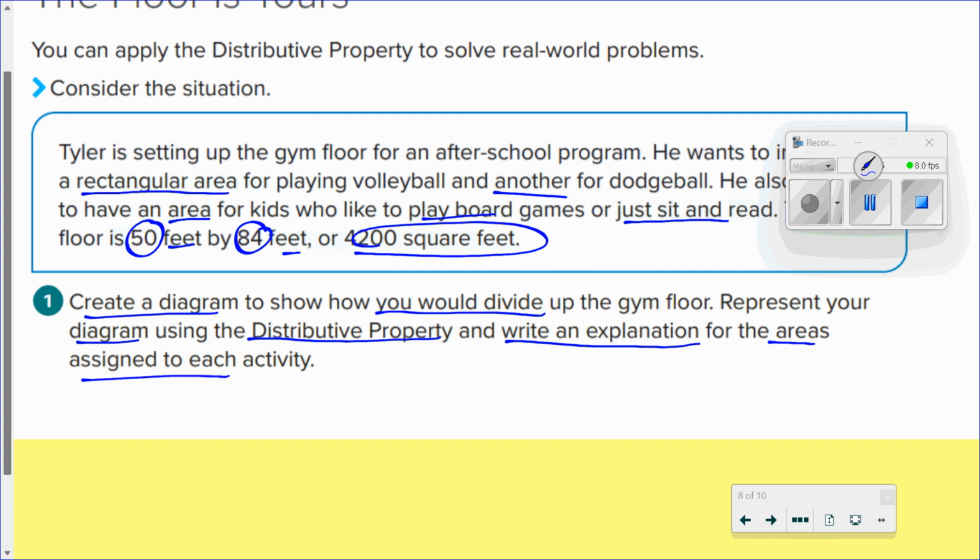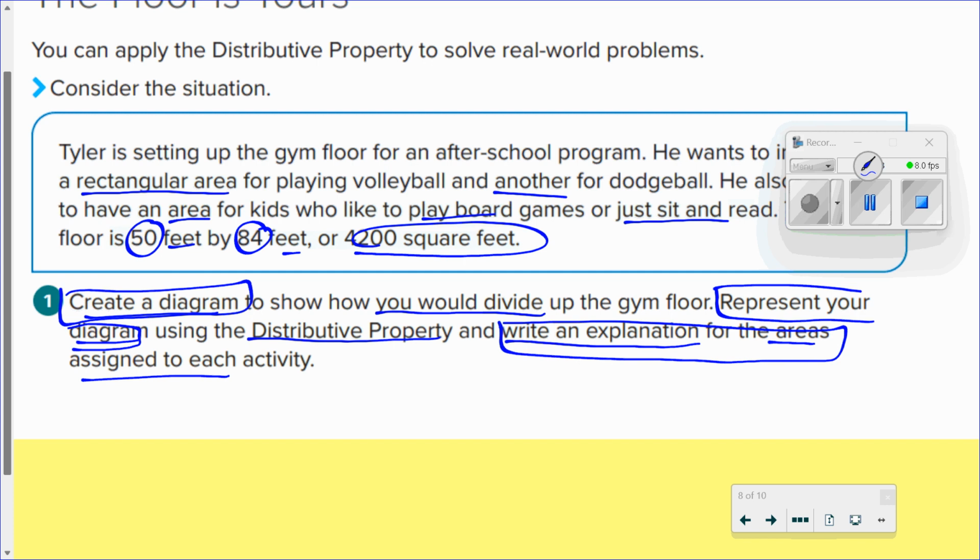Okay? So we have a lot that's going on here. We need to create a diagram, and we need to represent your diagram using the distributed property and write an explanation for the areas of each of the pieces. So how many different areas does he need to divide this into? We have one for volleyball.